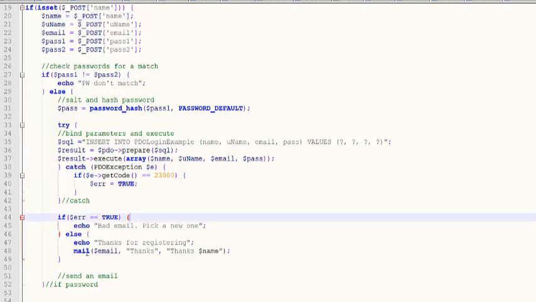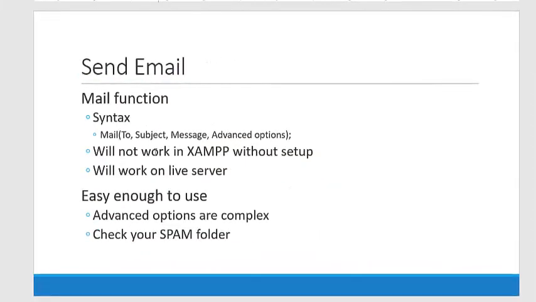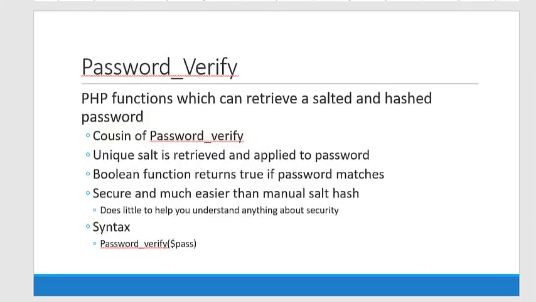And that email function, there was no real tricks to that. So that is how those functions work. That one's pretty straightforward. These ones are not hard to use, but it's kind of hard to get a feel for what they're doing. If you couldn't explain in your own words what those do, I think it's okay, just so long as you can use them. But I think there's a good chance that you might be able to understand exactly what they do.